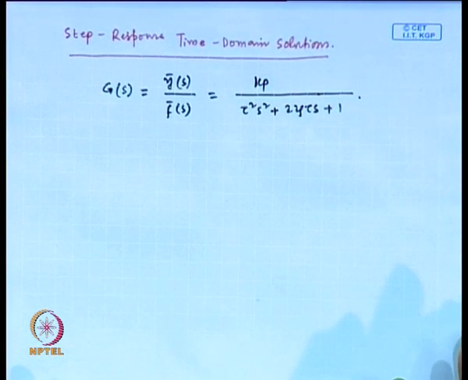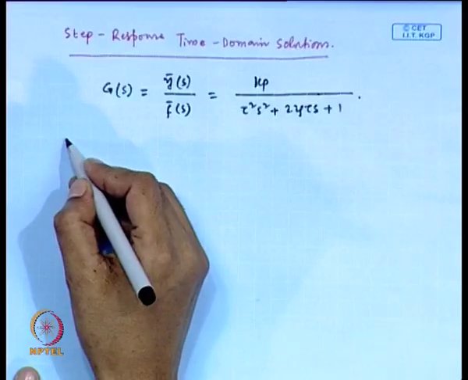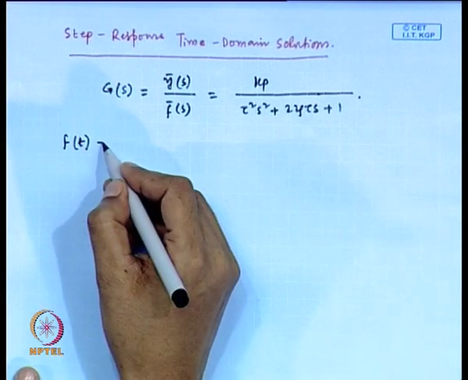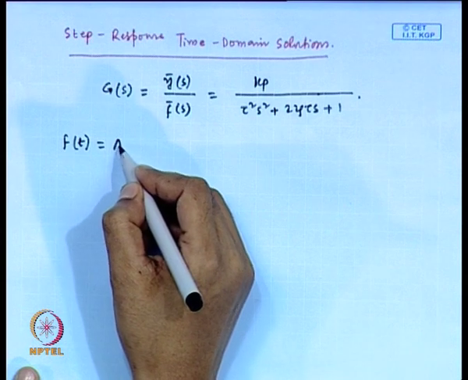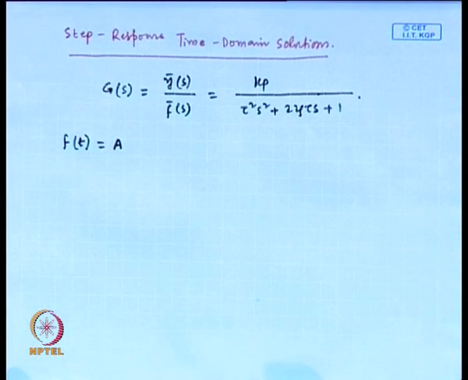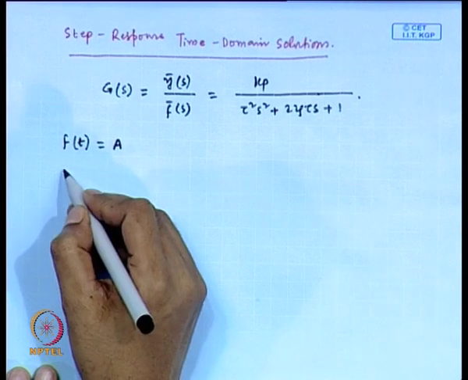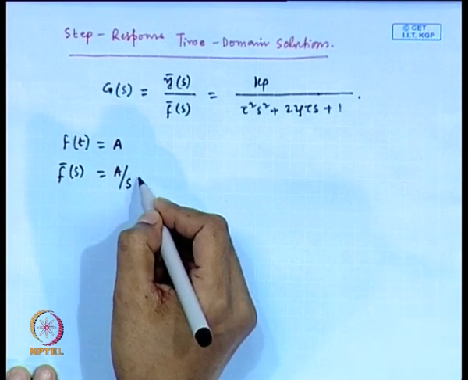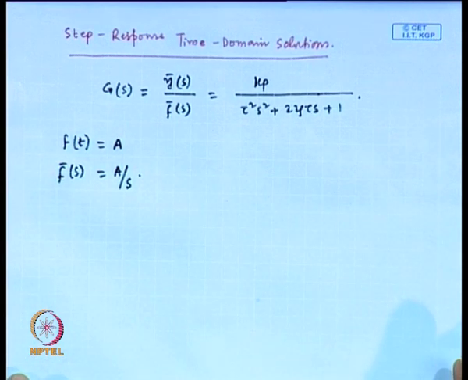Now, we will consider a step change in input variable. Input variable is f t. If we consider step change with a magnitude of a, that means f t equals a, and in Laplace domain we can write this as a divided by s.